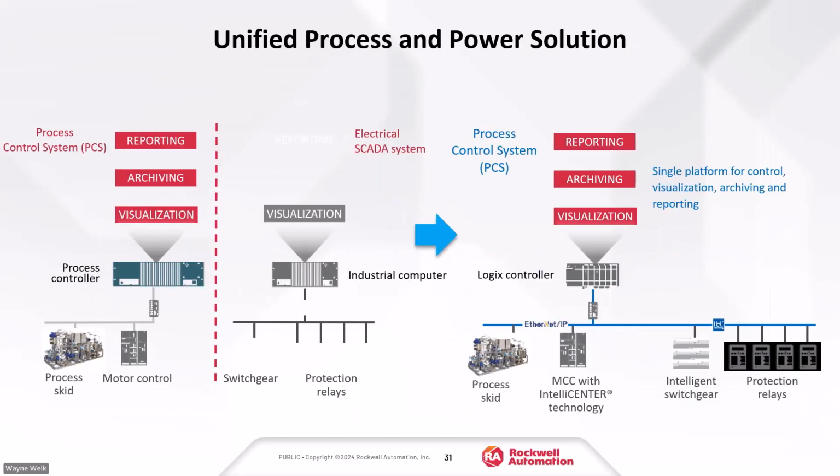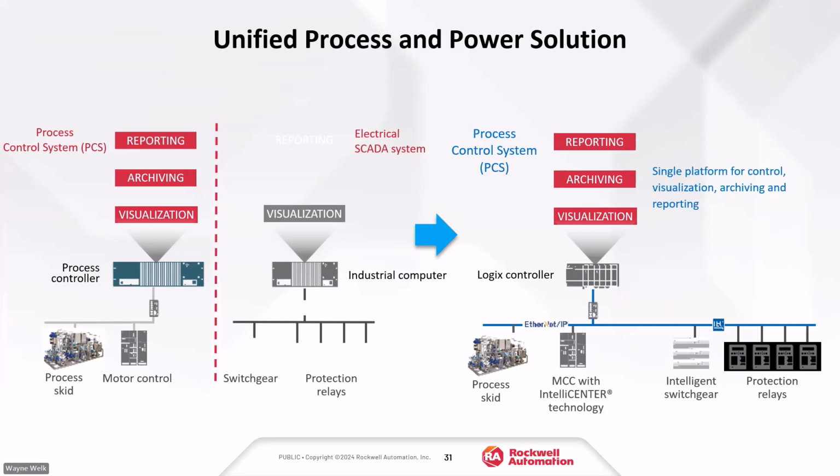So even with intelligent electrical and power systems, oftentimes today those electrical systems are put on an island in and of themselves. The example here on the left, we have our process system, and even this process system has a motor control panel connected to it, but your switchgear is on another system.